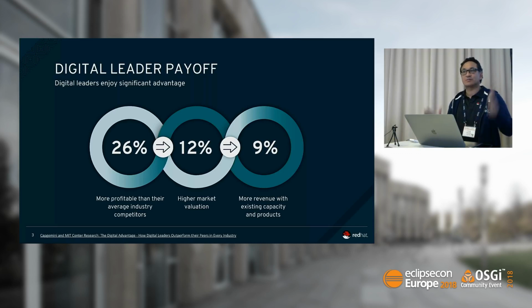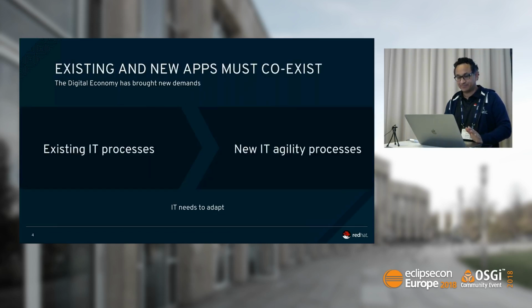I know this is a term that has been used a lot for the last few years, but there is a reason why companies are rushing to get on the digital economy bandwagon, and the reason is that there have been studies that actually show that if you are digital, you are better off as a company. For example, you will be 26% more profitable. You will have a higher market valuation of 12%, and your revenues will be around 9% higher.